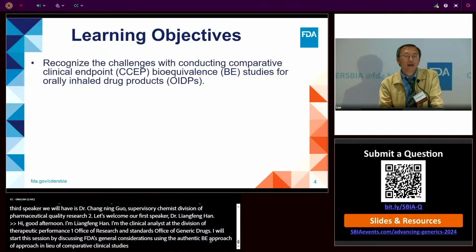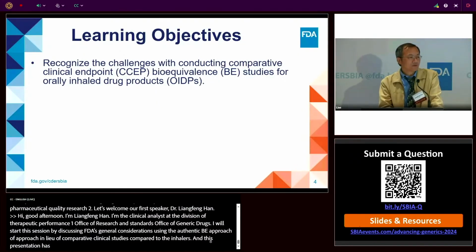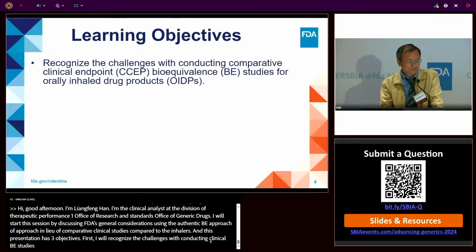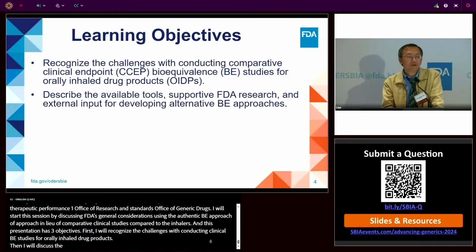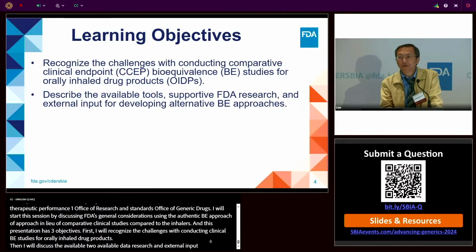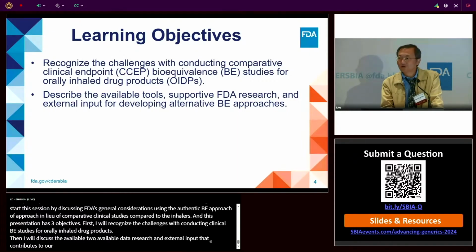This presentation has three objectives. First, I will recognize the challenges with conducting the clinical BE studies for orally inhaled drug products. Then I will discuss the available tool and the data from FDA-funded research and the external inputs that contribute to our development of alternative BE approach.